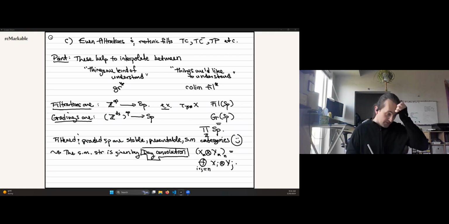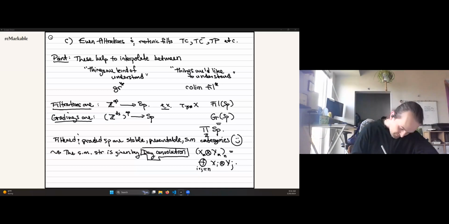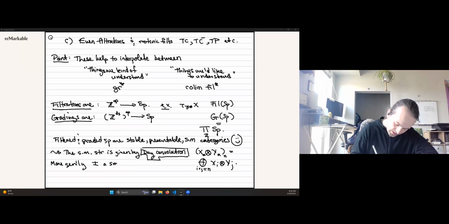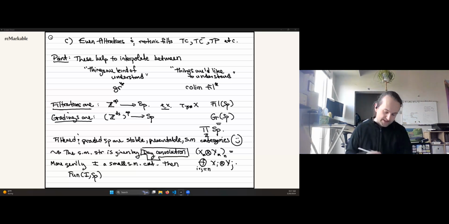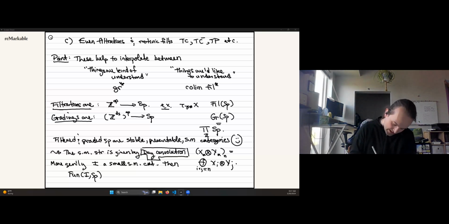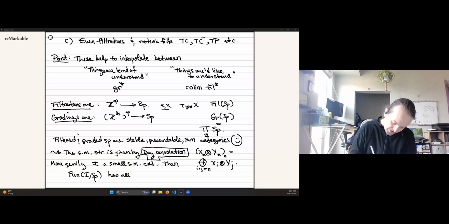And more generally, Day convolution is something that you can do. If you have I, a small symmetric monoidal category, then the category of functors from I to spectra is again stable, presentable, and symmetric monoidal with this Day convolution product. So it has all the same properties.